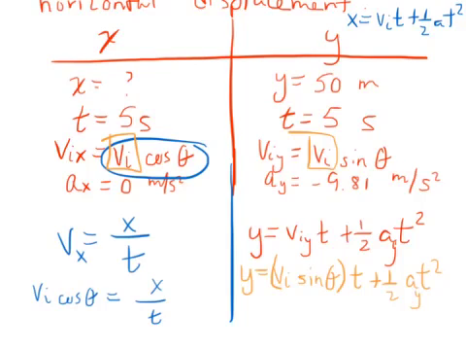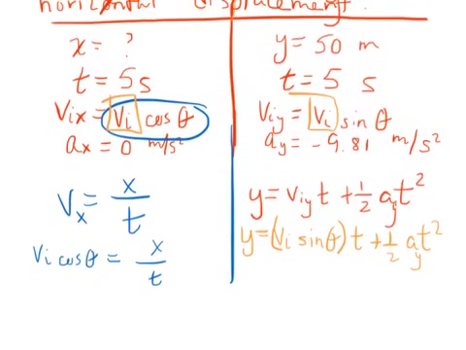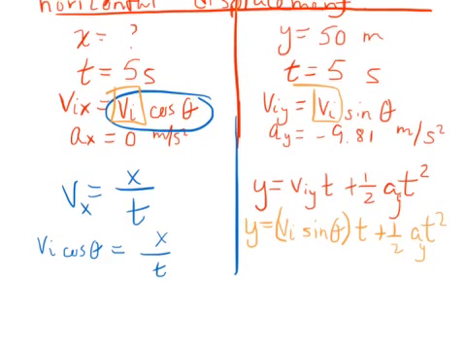At this point, if you want to plug in numbers, that's fine. Okay, you can solve algebraically or plug in numbers. It doesn't matter. Let's go through this. So that's 50 equals vi. The sine of 30 degrees in your calculator is 0.5 or 1/2.